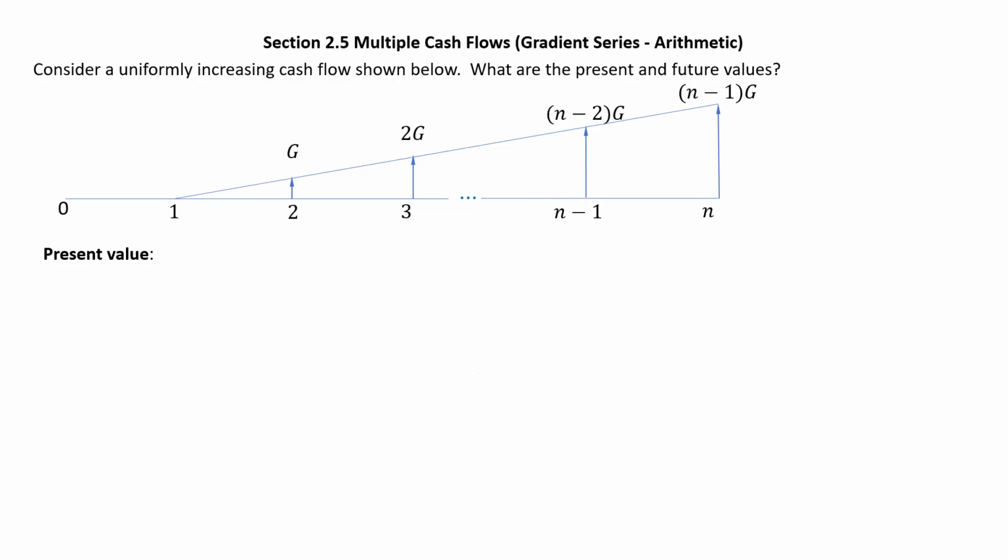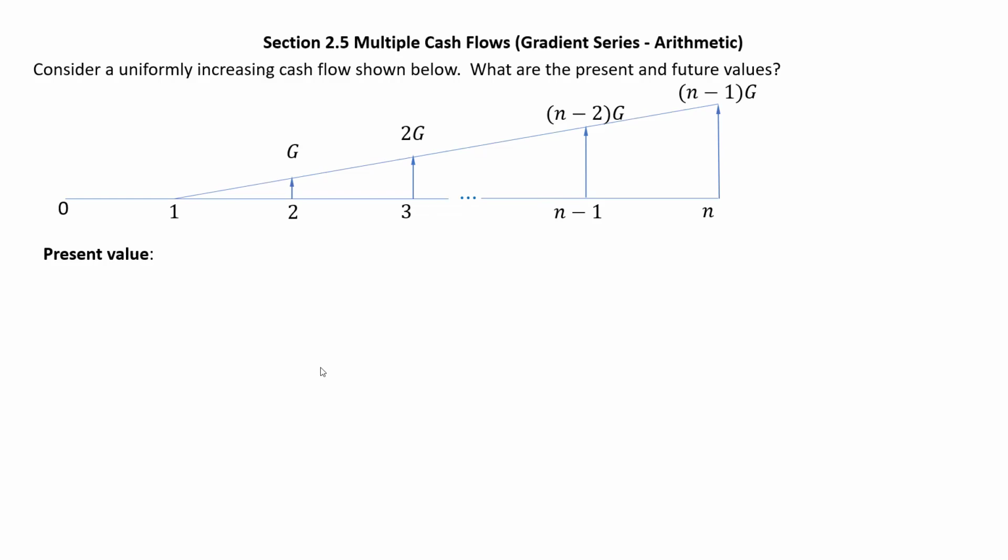To find the present value for a cash flow like this, what do you do? Like we said many times before, take this guy, project him back to 0. Take the second guy and project him back to 0. So take every one of them, project it back to 0, and add them up, right? Is that strategy going to change now? No, it's exactly the same strategy, okay?